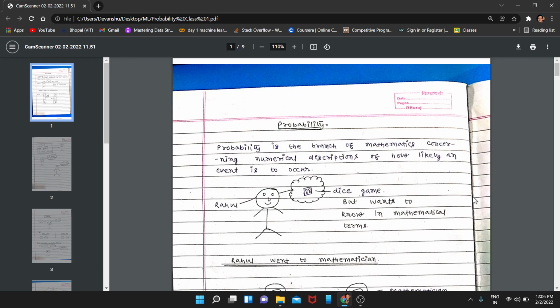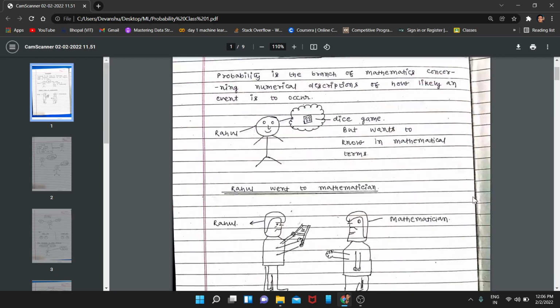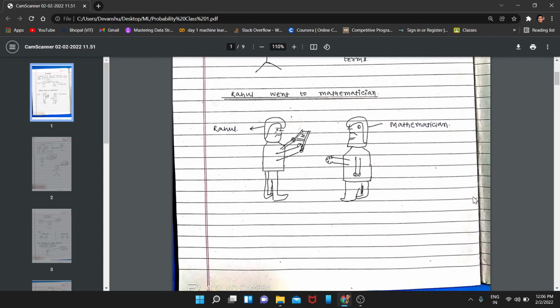To understand this, Rahul went to a mathematician and described his problem, and asked, "Sir, please help me because I want to win the dice game every time." But the mathematician said it is not possible because this is all based upon probability and the possibility of the events you are talking about.